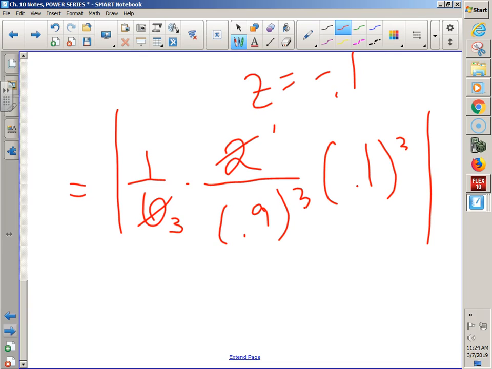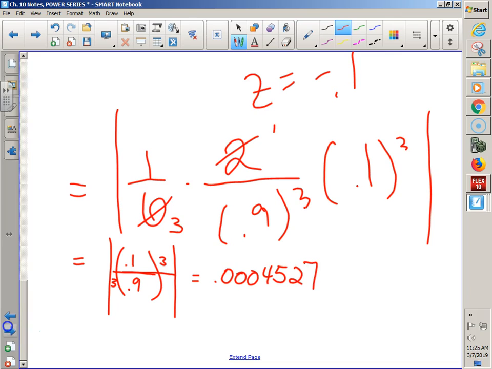0.1 cubed over 0.9 cubed? Wait a minute. Isn't that just 0.1 over 0.9 cubed? Yeah. Like that?